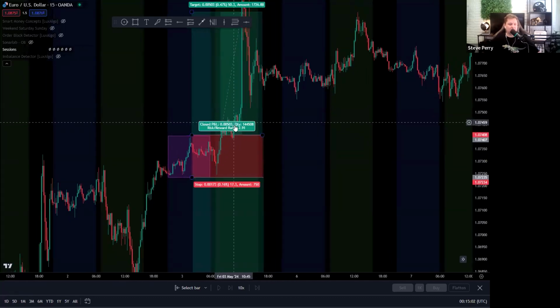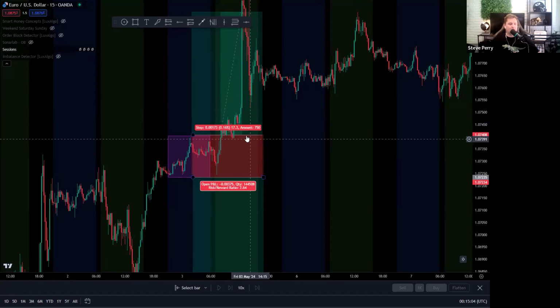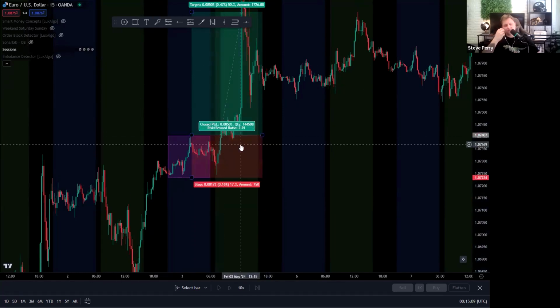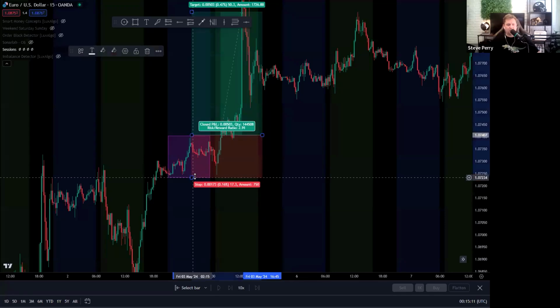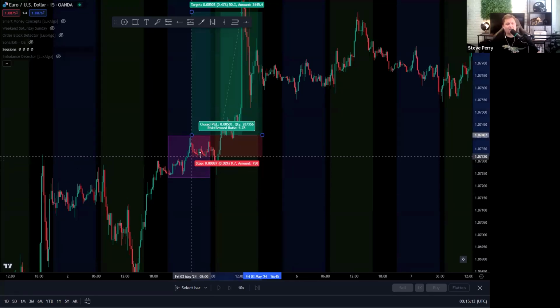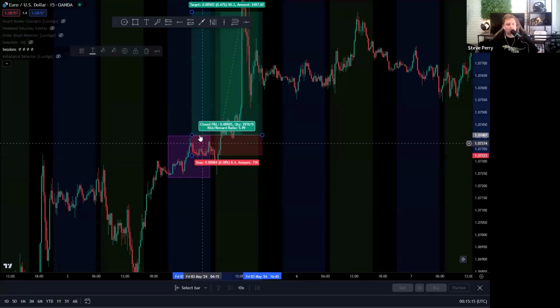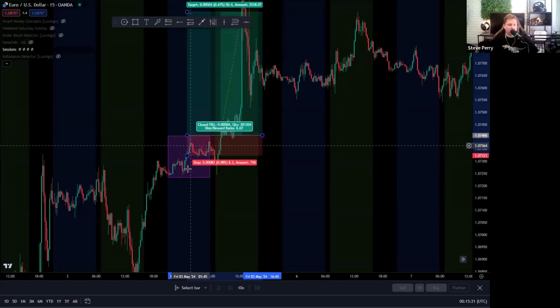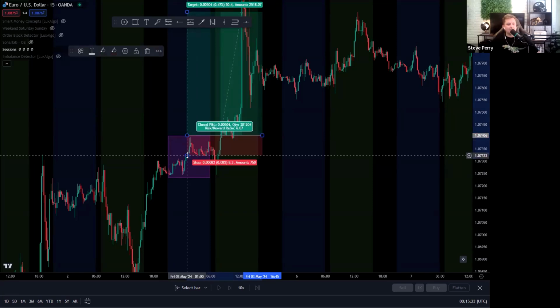What I do instead is a little bit different. You guys have seen me do this. Last week I showed you guys how to do this. I don't put a stop loss on the other side of Sydney. I actually put it halfway through Sydney right here. So I still put the buy stop at the top of Sydney, on top of the Sydney box, but I put the stop loss halfway through.